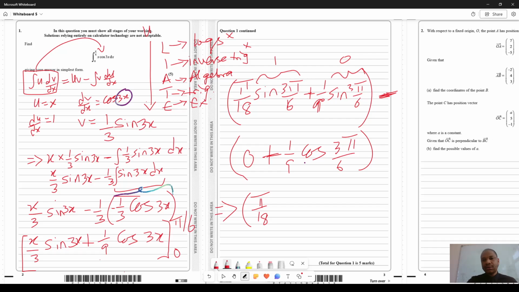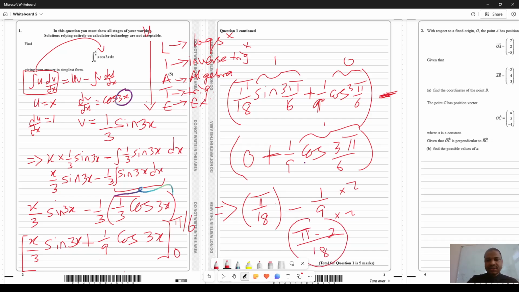Minus 1 by 9. When I make the denominator the same, times 2, my answer will be pi minus 2 over 18.